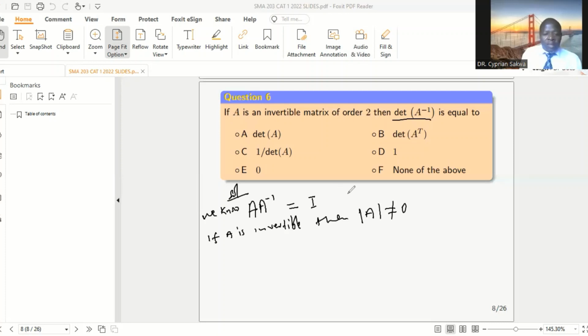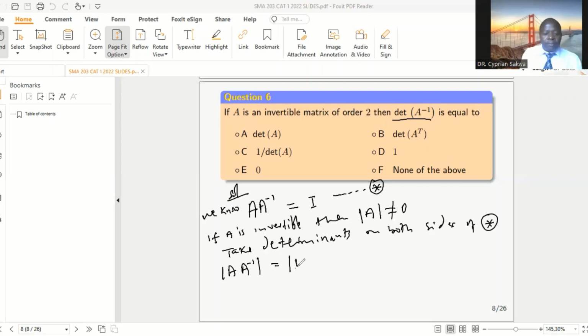Now let's come back to this equation star and use it. Take the determinant on both sides of star. So if I'm getting a determinant on both sides, this is what I would have. And we know what I is. I is the identity matrix.